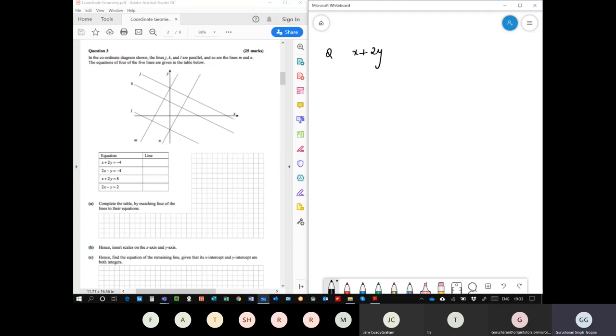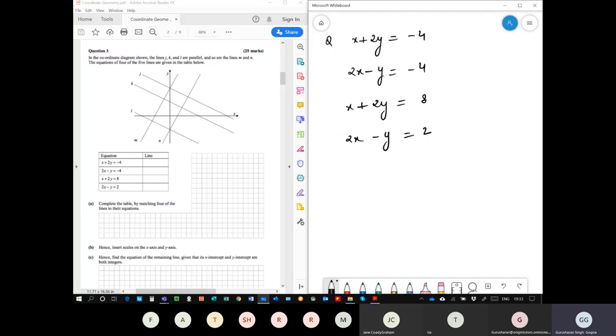They give you x plus 2y equal to minus 4, 2x minus y equal to minus 4, x plus 2y equal to 8, 2x minus y equal to 2. But you need to match which equation represents which line. So how will you proceed with this question? And what's an idea? Okay.